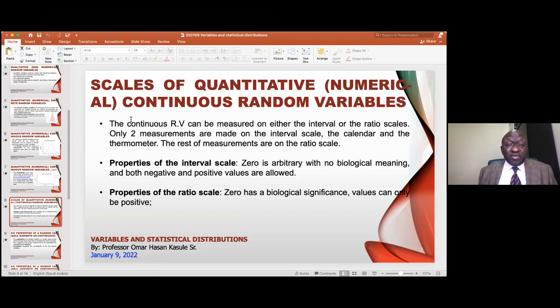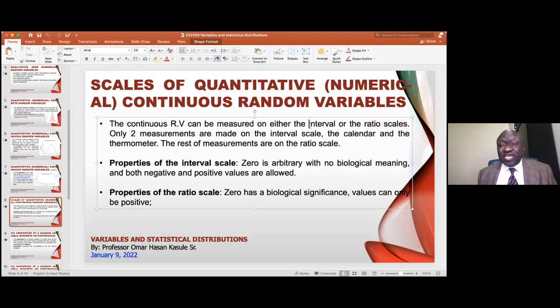Now we want to talk about something else about continuous random variables. These are measured either on the interval scale or the ratio scale. If you forget about what I will say about the interval scale, you will not have lost much, because 99.999 of what we measure is on the ratio scale.